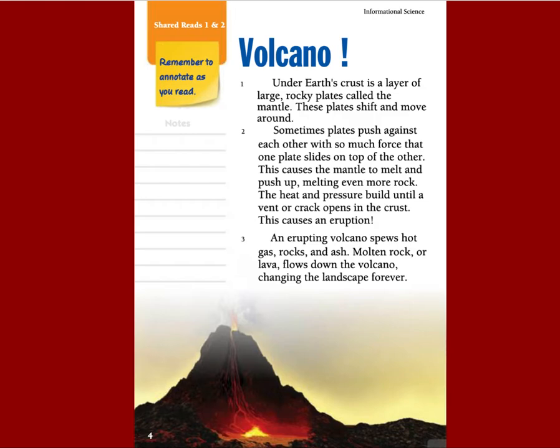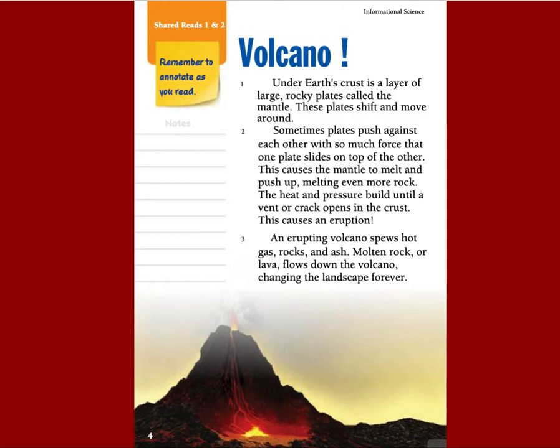The heat and pressure build until a vent or crack opens in the crust. This causes an eruption. An erupting volcano spews hot gas, rocks, and ash. Molten rock or lava flows down the volcano, changing the landscape forever.